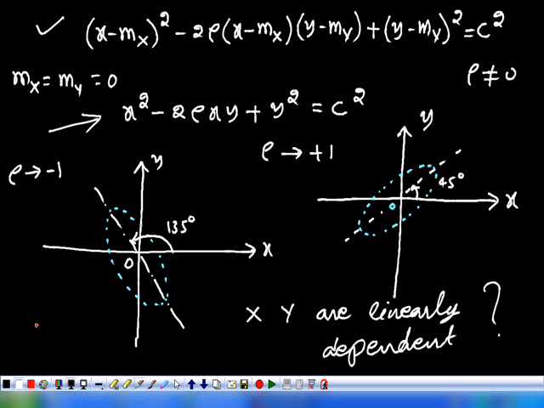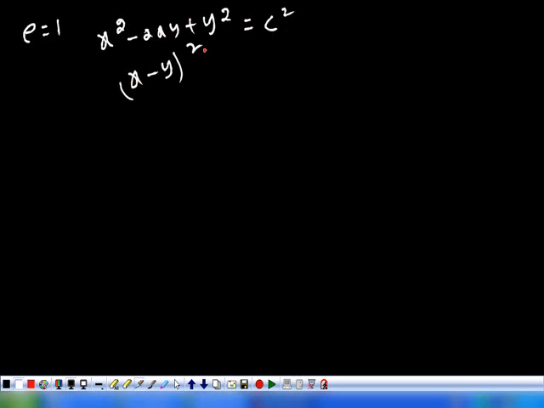See, for example, if you let rho equivalent to 1, what are you getting? X square minus 2xy plus y square equivalent to c square. Okay. So this is (x minus y) whole square is equivalent to c square. This implies x minus y is equivalent to c, or x minus y is equivalent to minus c.